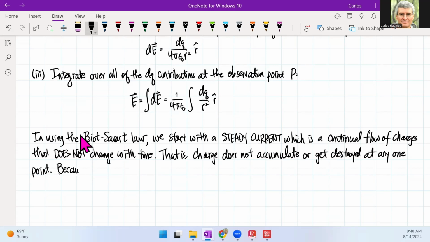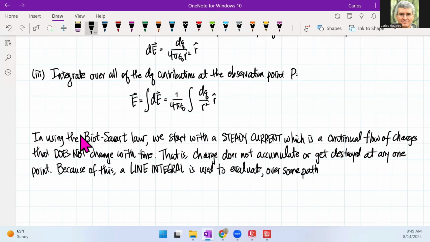Because of this, a line integral is used to evaluate, of course, over some path, the contributions of the current to the magnetic field.